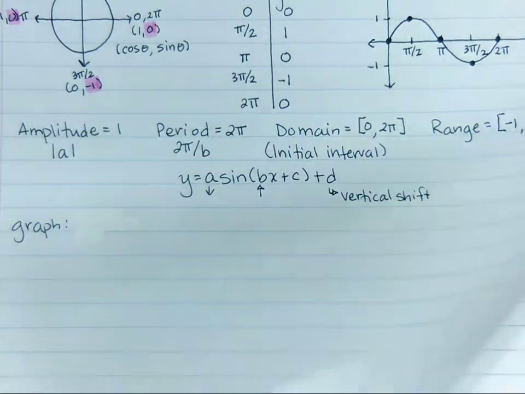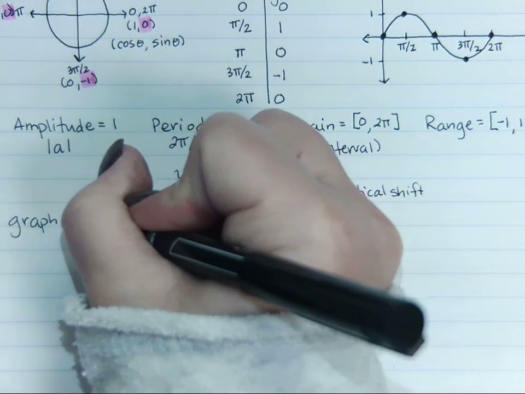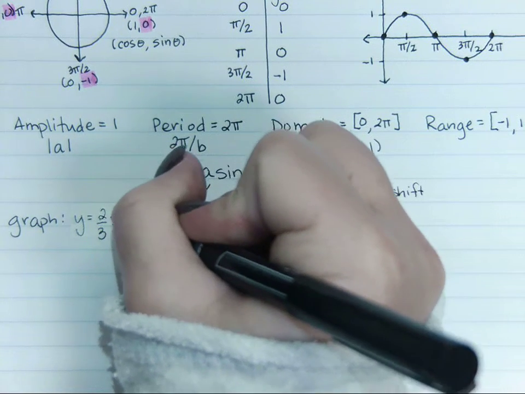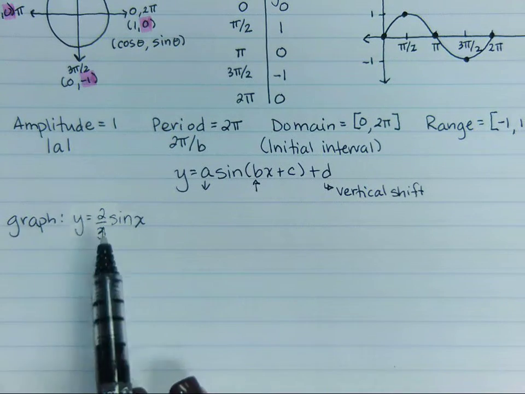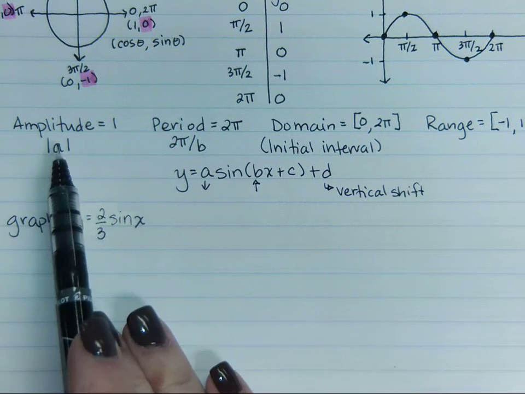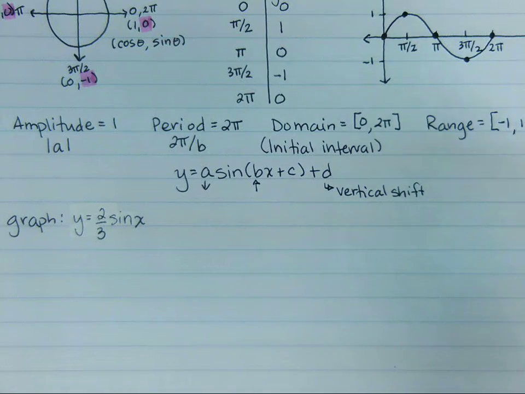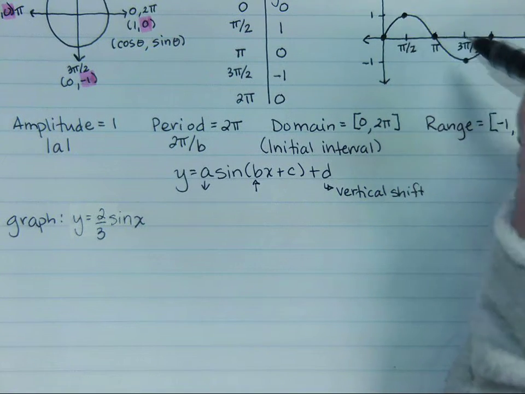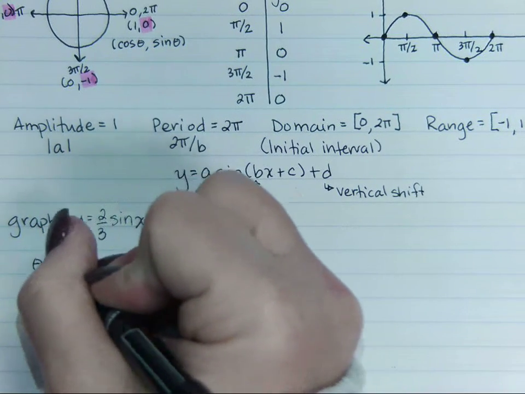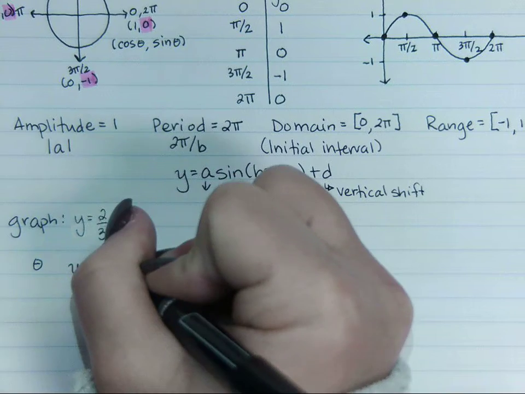What we like to do is write it as an actual equation, so let me put a y equals in front of that. Okay. And so all I'm going to do is put a number here in front. And so what that does is that changes the amplitude. The only thing that 2/3 will change is how high up and how low this graph goes. And so what we want to do is make an in-out chart for our graph.